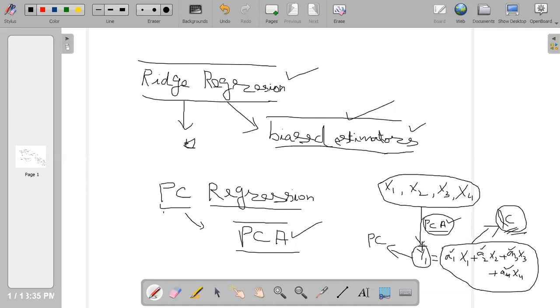Principal component is the name of this new variable, which results by combining information on the four original variables. So replace this newly defined variable y1 instead of x1, x2, x3, x4, and when you fit the model, by replacing the highly collinear variables with the newly created variable that we call the PC, such a regression is sometimes also called the principal component regression, okay?